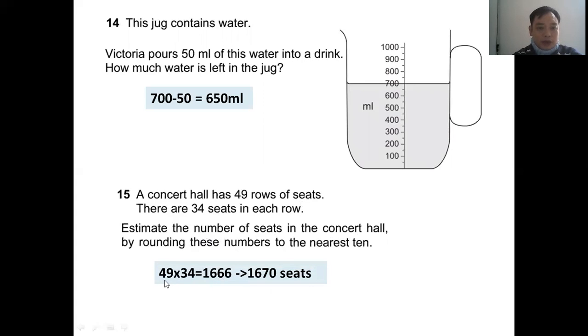So we take 49 multiplied by 34 equals 1,666 seats. Now you round to the tens, that means here the 6 can either be 60 or 70. However, 66 is bigger than 65, so it will round up to 1,670 seats.